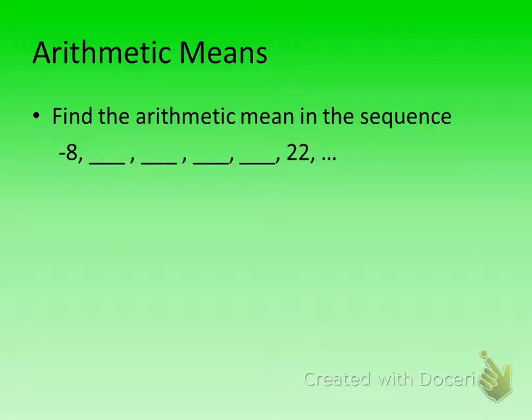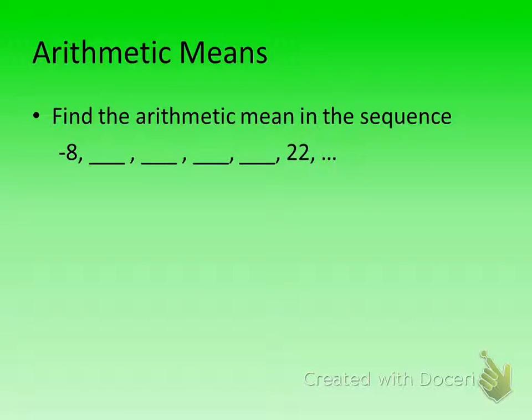Okay. So, we are going to find the arithmetic means in the sequence from -8 with 1, 2, 3, 4 blanks to 22. All right. Now, the key, and this is actually very, very key, this should happen every time. There's no comma and no dots to the left of -8. See that?